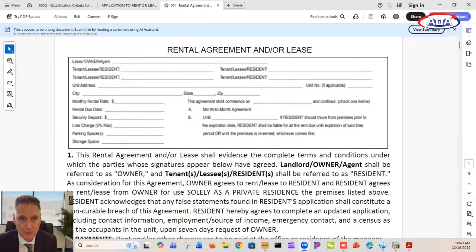You also want to have a provision in your rental agreement that the tenant must carry personal property insurance, and you want to see proof that he purchased that insurance before allowing him to move in. Now, the reason why you want to have personal property insurance by your tenant is because you want to make sure that your tenant can't sue you.